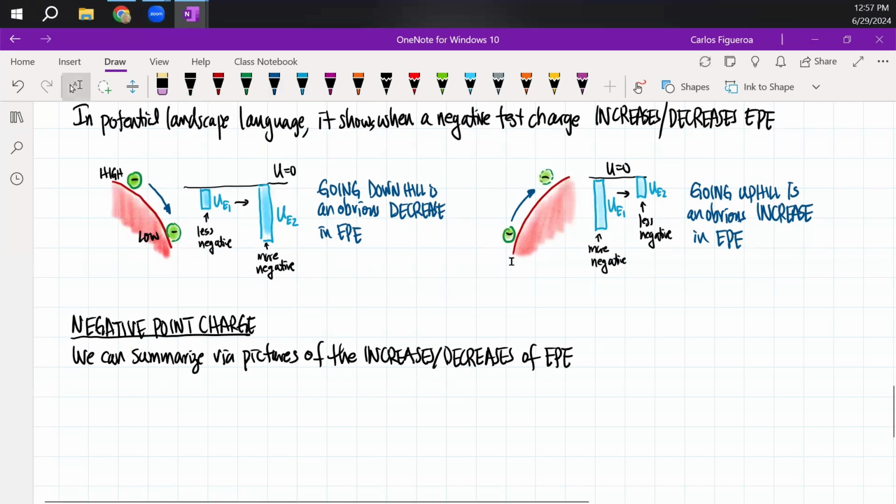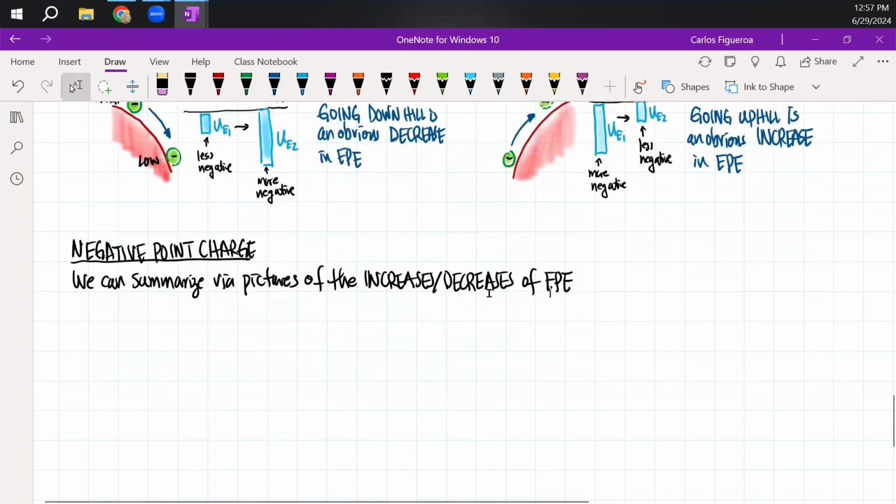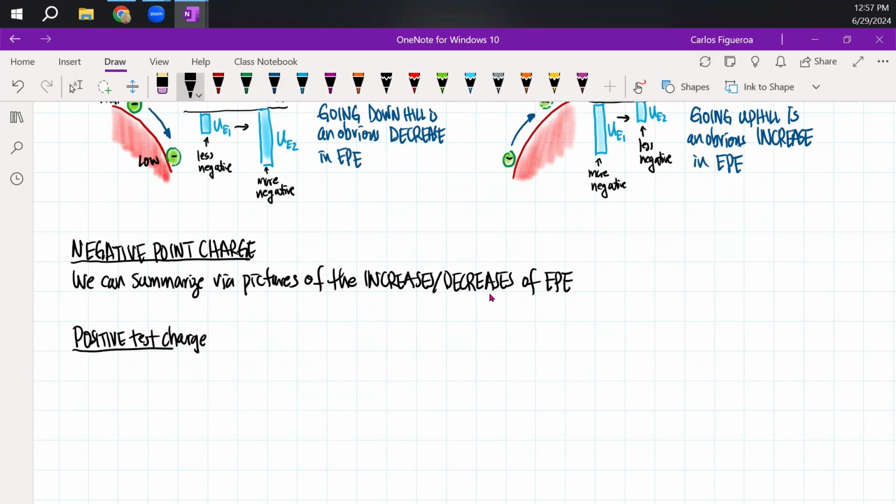Remember, it's going to be the same type of thinking. So now we start with a positive test charge. I'm only drawing pictures here.